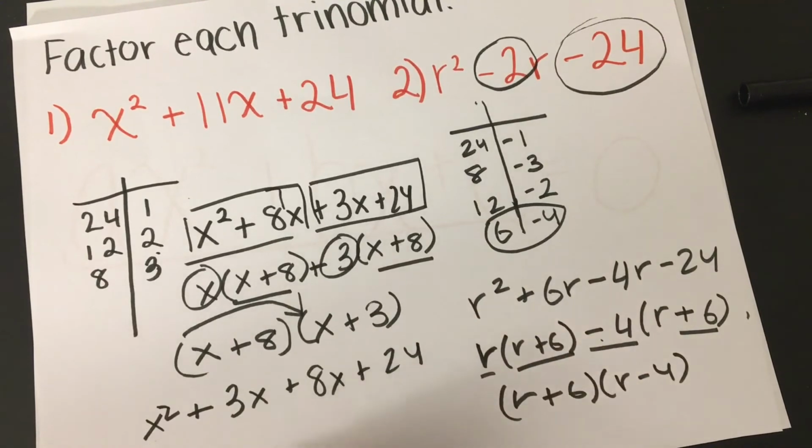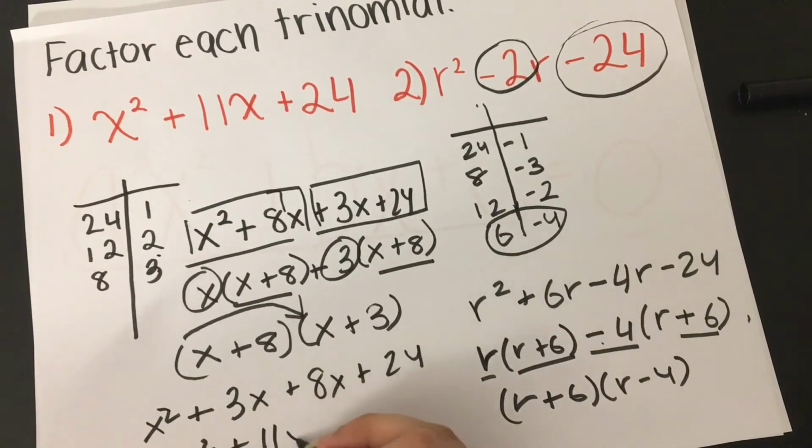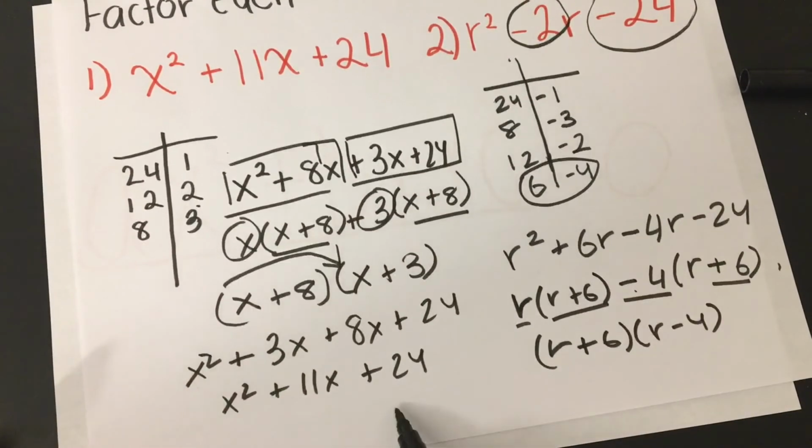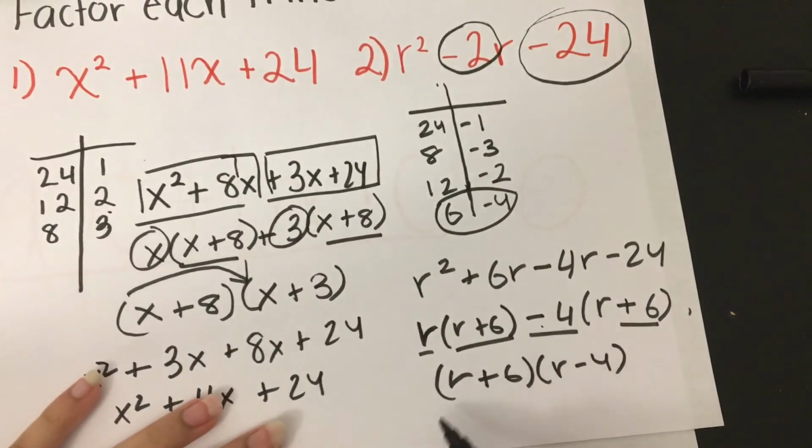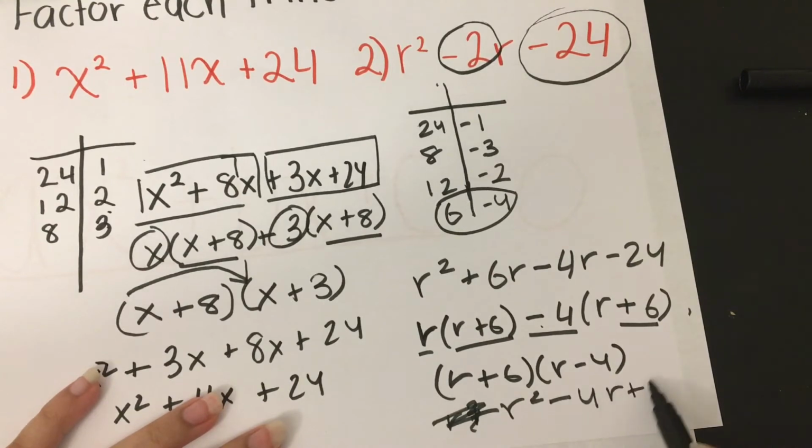So 8 plus 3 is 11, so x squared plus 11x plus 24. There, right there. Same equation. Then, same thing here. R squared, r squared minus 4r plus 6r minus 24. Negative 4 plus 6 is 2, r squared.